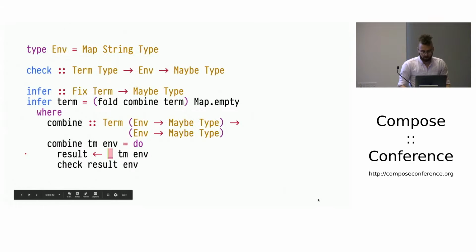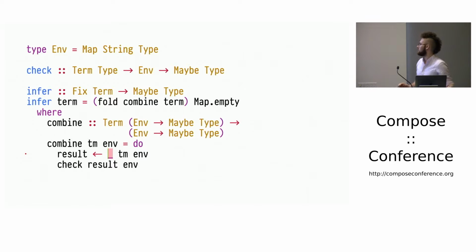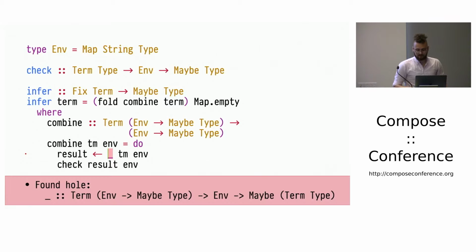All right. So I try to do this, and the way that I try to do this is I'm going to go back to the structure of this infer function that I had before, and I'm going to use my latest favorite feature of Haskell, which is typed holes. Because I'm pretending that we're in Emacs right now, even though we're not, I'm going to say that we found a hole, and the hole is of type term of environment to maybe type to environment to maybe term type.